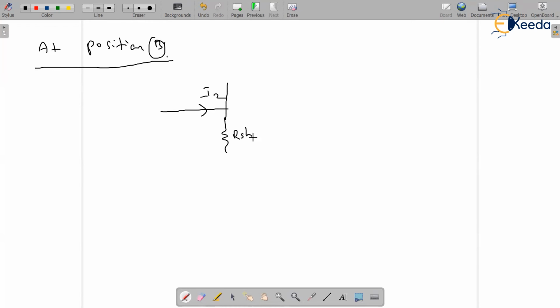And the RSH2, Im, Rm. This is RSH1 minus RSH2.